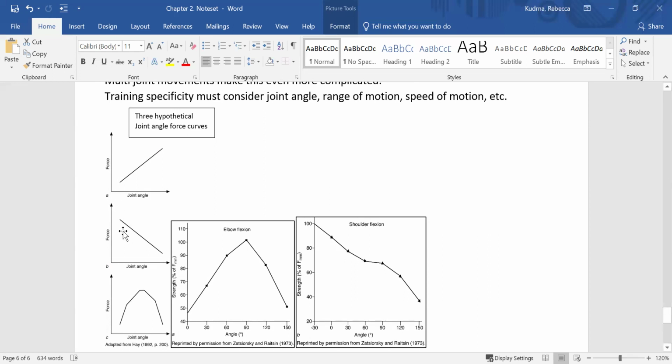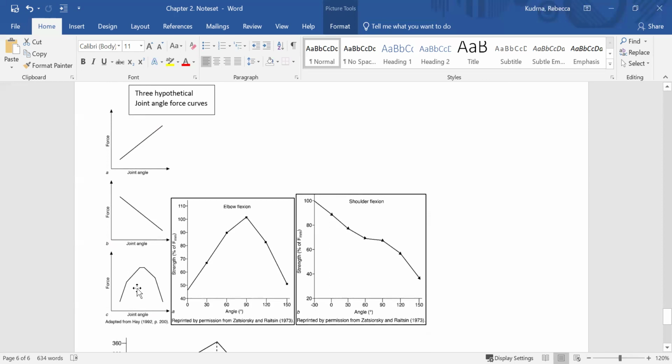Or the opposite, whereby you're stronger at a small joint angle, and then it gets less and less and less. This is one of the more common ones. Really, again, each joint is different, each motion is different, but this is a common one. We only talked about this version in kinesiology, whereby you're strongest in the middle of the joint angle.